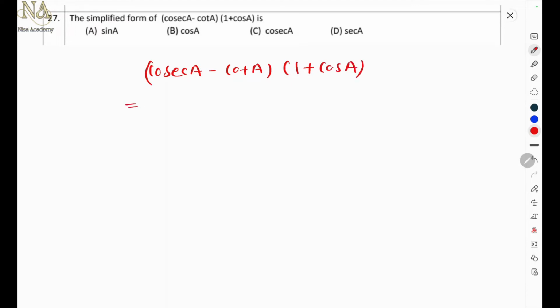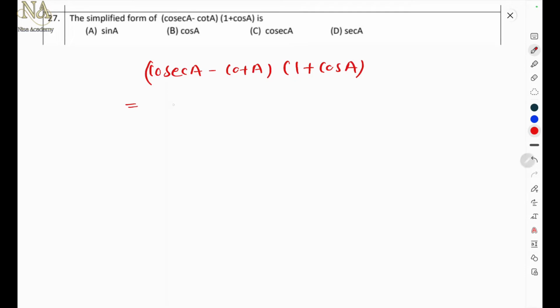So what I will do, see, the best way to solve this type of problems, to simplify, the most that you can do is just convert into sine and cos. If you don't have the direct identities given, like 1 plus cot square or sine square, and you cannot use those, then the best way is just convert them into sine and cos. It becomes much simpler.